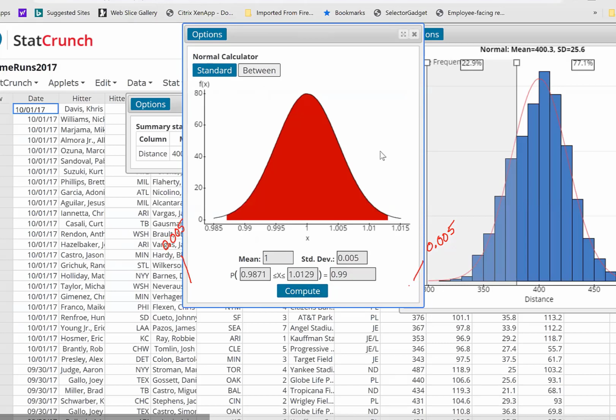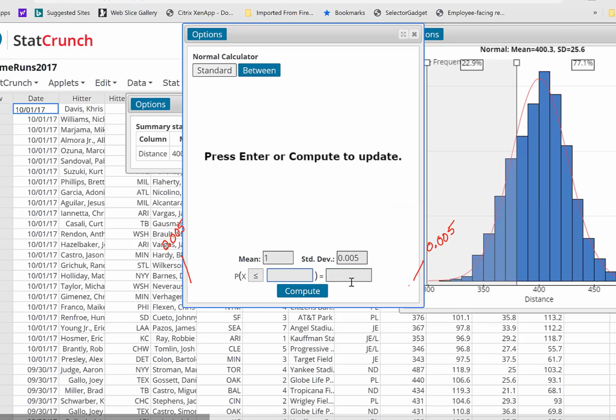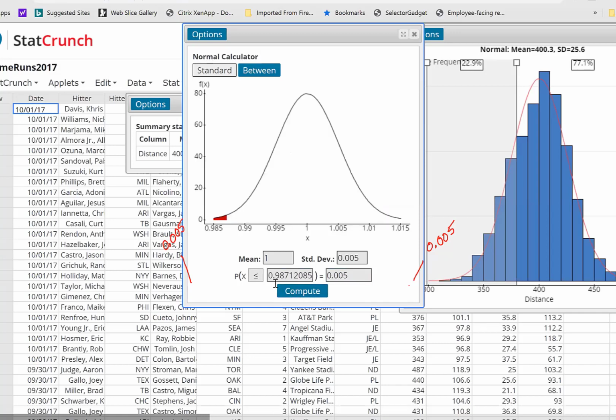Now, if you did use standard, you'd have to make adjustments. You'd want the area to the left to be 0.005, like I did, and there's that 0.987.